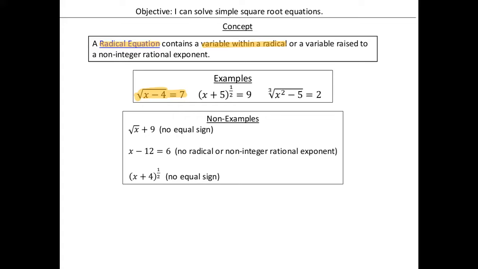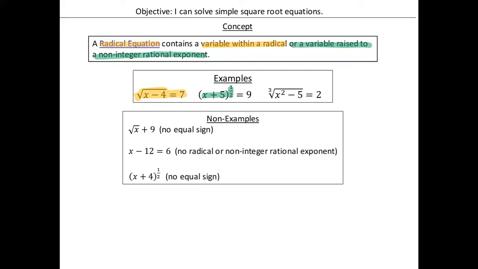It also says, or a variable raised to a non-integer rational exponent. Non-integer means like fractions. I can see this x plus 5 raised to the 1/2. Raising it to the 1/2 is the same thing as a square root. Basically, the 2 underneath means the index is 2, so it's the square root.